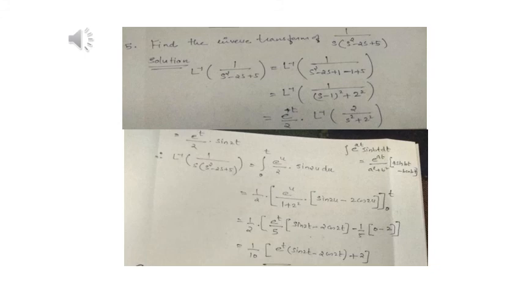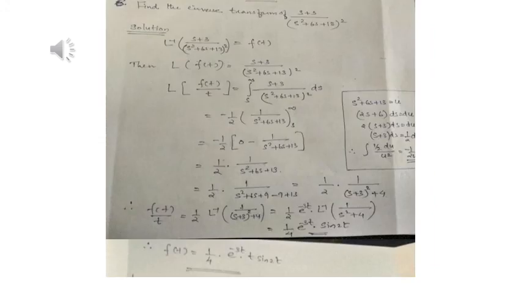So this is integral e raised to at sine bt dt form. That is e raised to at by a square plus b square into a sine bt minus b cos bt. So after integrating, give the limits and then take the final answer.